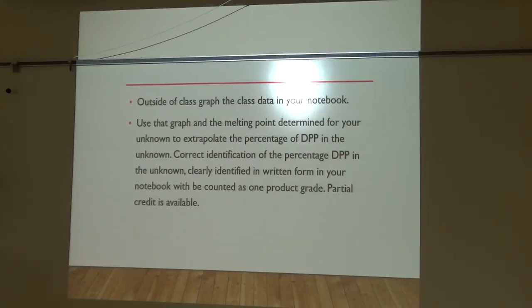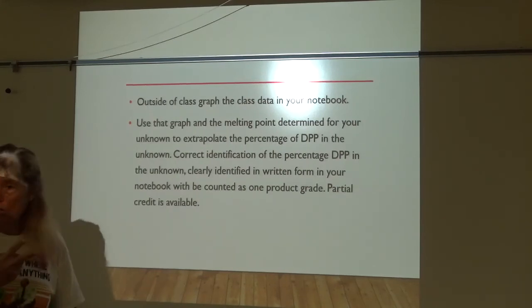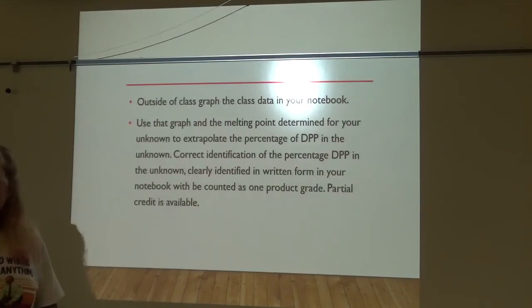Outside of class, you're going to graph the data in your notebook. That's going to consist of an average temperature where the standard or known mixture started to melt and an average of where it finished melting, so you should have two lines on the graph: one that indicates where each of the data points started to melt, and one that indicates where it finished melting.